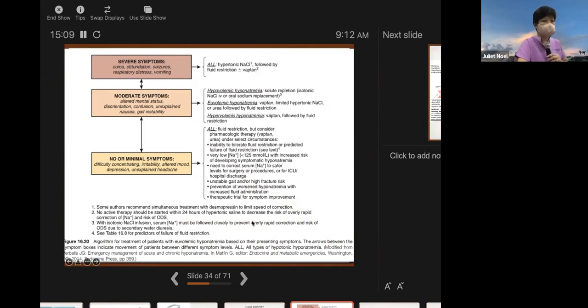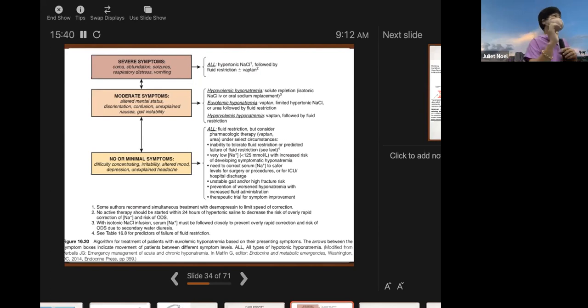So when you have severe symptoms, like coma, palpitation, seizures, respiratory distress, and vomiting, you're justified to give a hypertonic solution, no? Together with fluid restriction if it's not hypovolemic, if it's euvolemic.